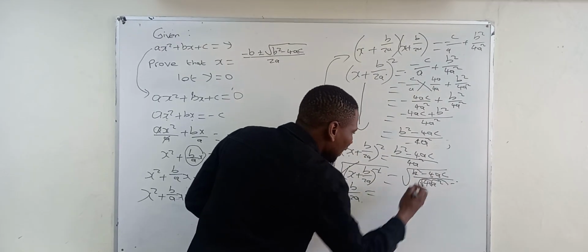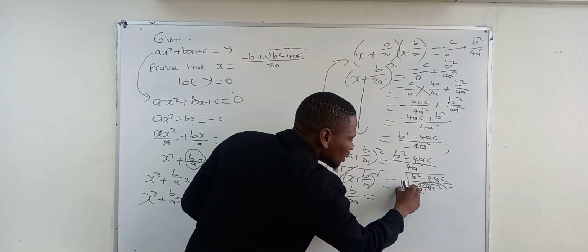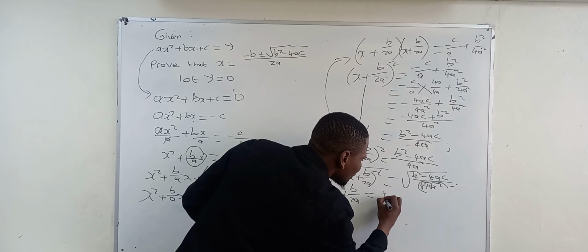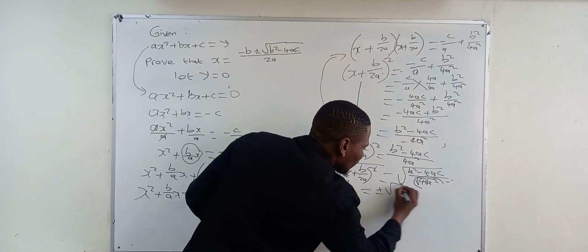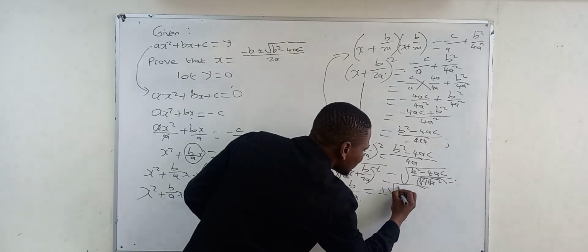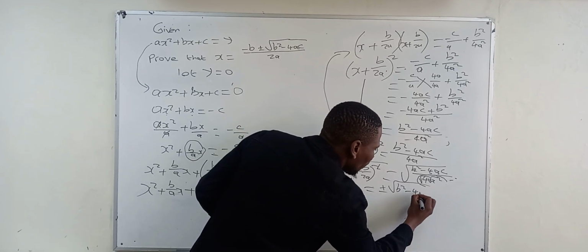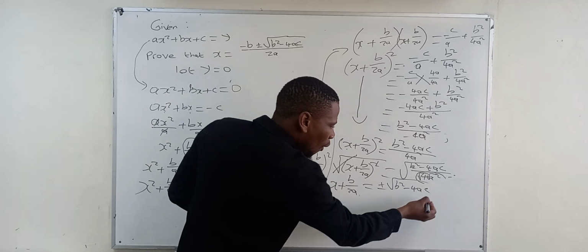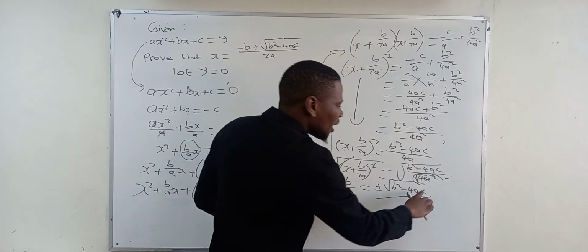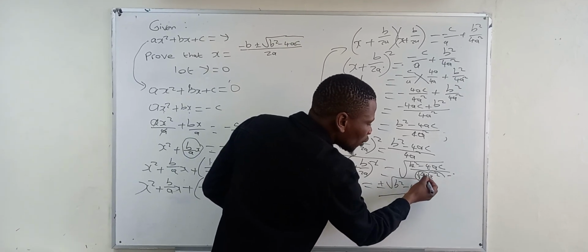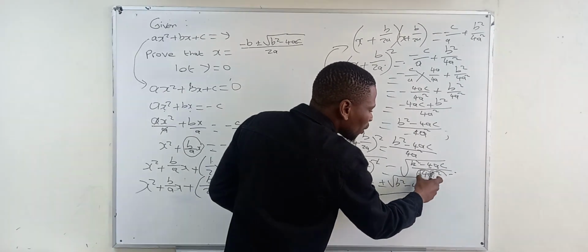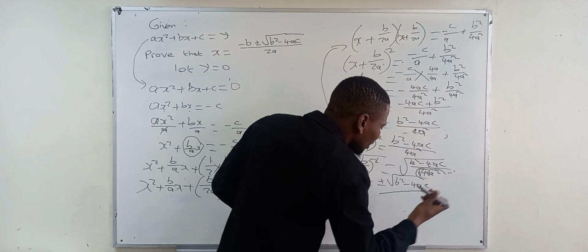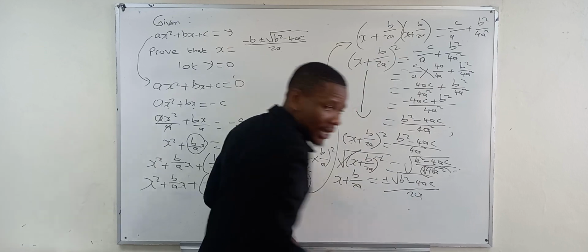So on the numerators we'll be having what? If we introduce the square root, we will have plus or minus the square root of something, and that something is what? Is b squared minus 4ac over, here we have the square root of 4a squared. So the square root of 4a squared simplified is what? It's 2a.